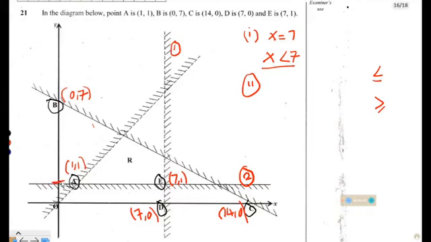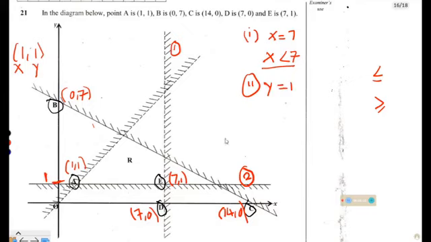When you look at point A, it was plotted using the coordinates (1,1). So the x coordinate here is 1 and the y coordinate is 1. So this line 2 is cutting the y-axis at 1. So this is y equals 1.